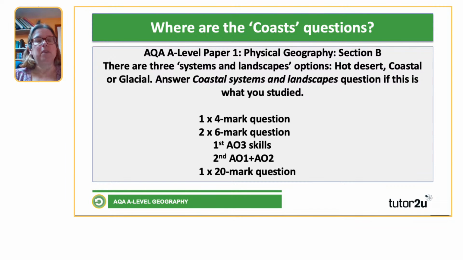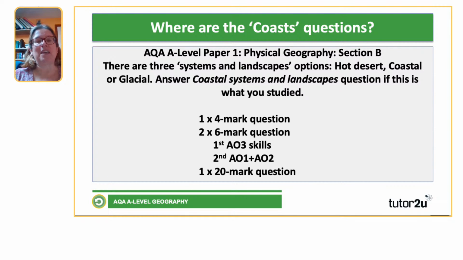You've got the water and carbon question out of the way, and then you've got a choice in section B of hot deserts, coastal systems, or glacial. So what you are going to be doing is answering about coasts, if that's what you've studied. This is a very popular option, and you will have a 4-mark question, which will be about knowing something. It's going to be those AO1 marks.